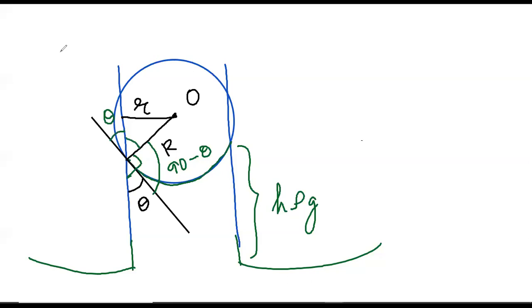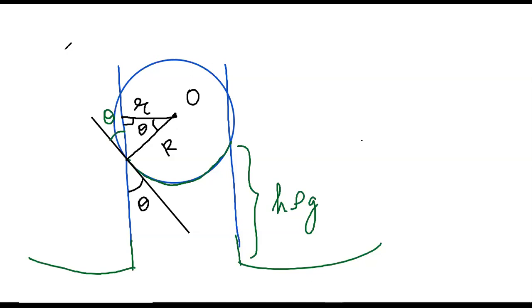I'm going to clear off some of the angles for you to finally write the answer. So if these two are theta, this is 90 minus theta. I want you to understand that this angle becomes equal to theta by the angle sum property of a triangle, because I have dropped the radius of the capillary tube from the center to the capillary tube. That's a perpendicular, the shortest distance, that measures the radius of the capillary tube.